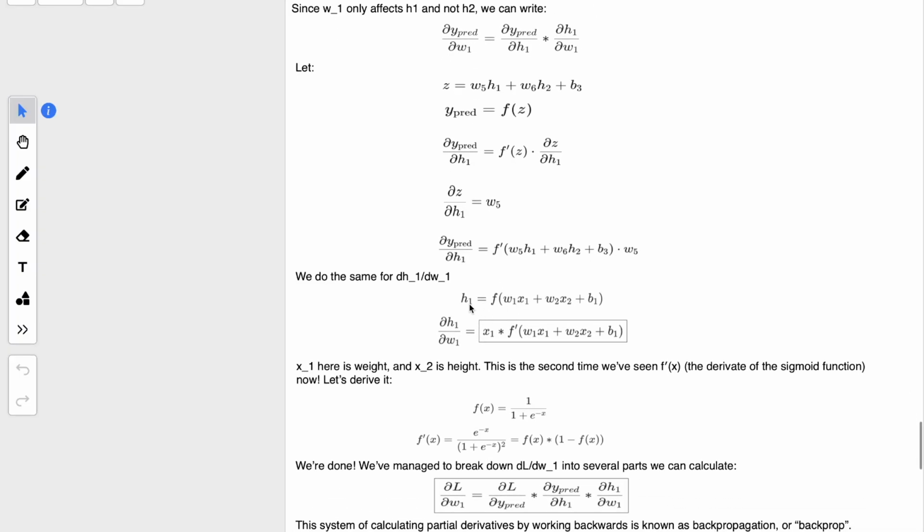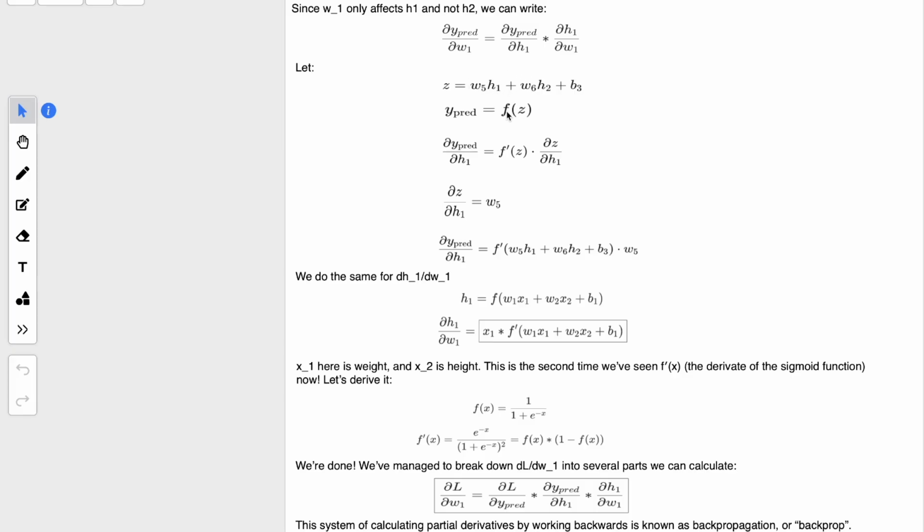Similarly, we have this h1, so here the same thing, right? For h1, this we did for output, the O1, if you remember from my previous video. Here h1 again is this thing, right? This f is an activation function. Here we are passing the weighted sum of w1 x1, w2 x2 plus b1, just like we did here, where z is the weighted sum.